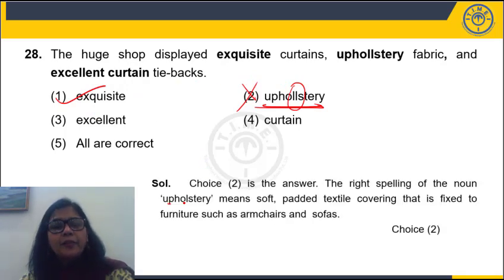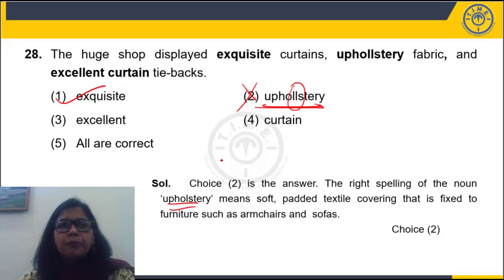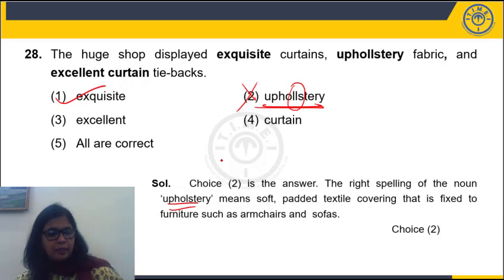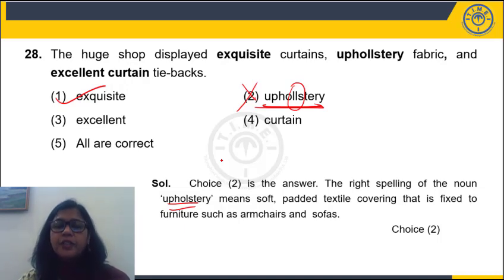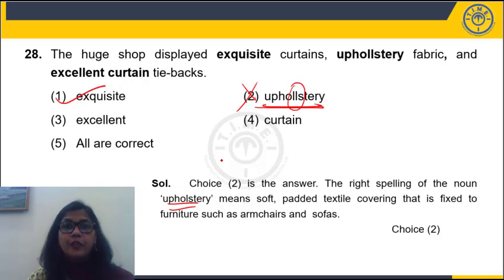So the right spelling, H-O-L-S. Upholstery fabric would be the fabric that you're using as the upper covering of your sofa sets, or maybe the dining table chairs. Yes, the seat of the dining table chairs, upholstery, right? Even the car seats also, covers for them.